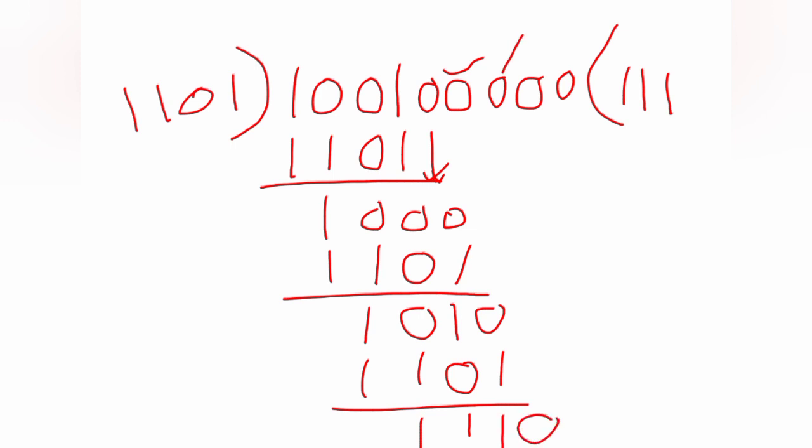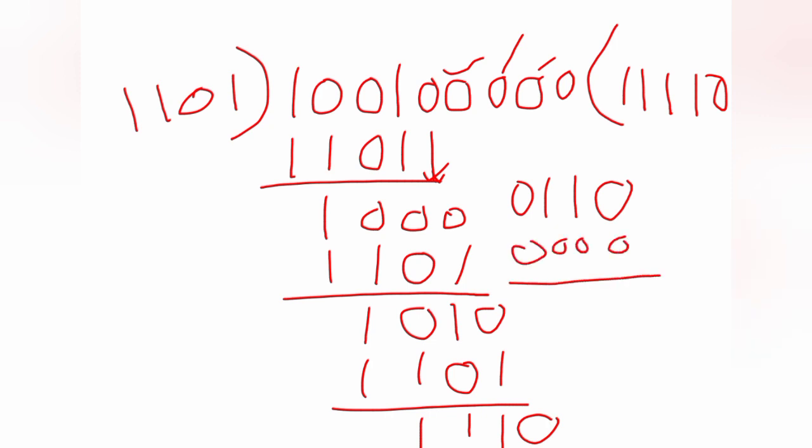Again with 1 1 0 1, it will give 1 1 0 1, and the last bit 0.